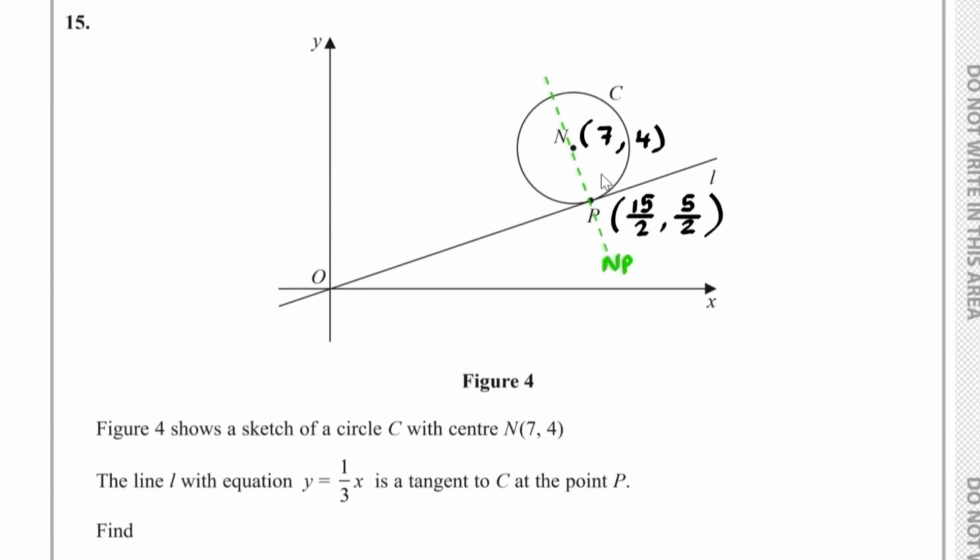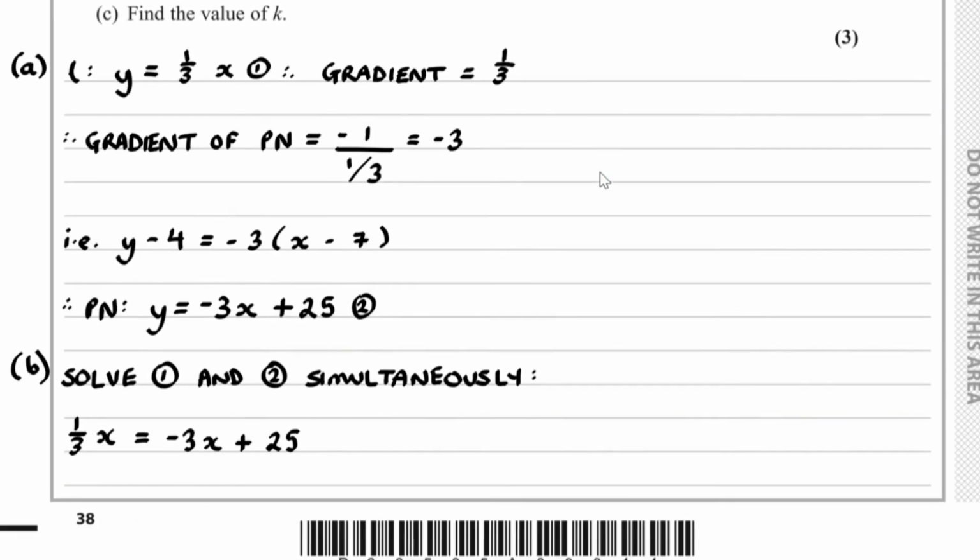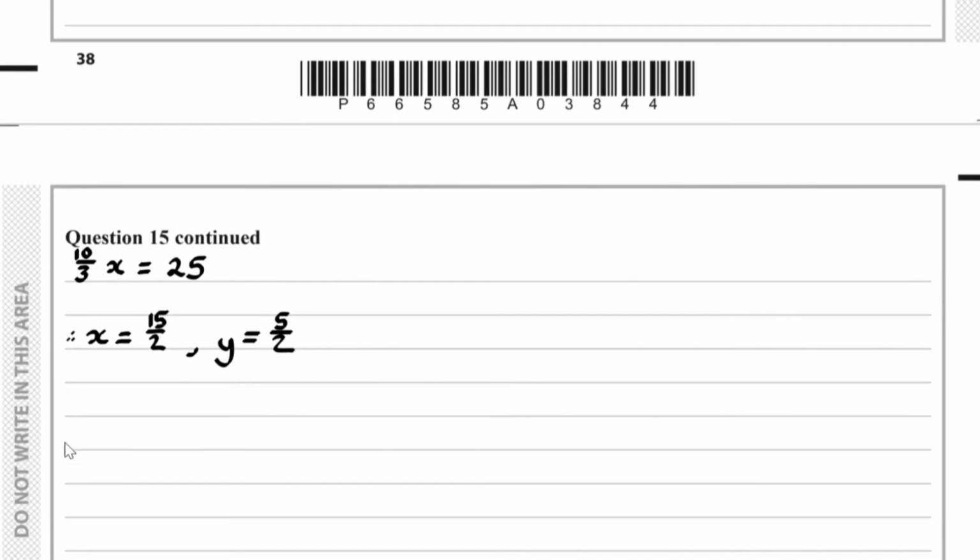So we can find out the length of NP, which is of course just the radius. So this is the radius. So therefore, r is equal to, if we use the length formula, we've got 15/2 minus 7 squared plus 4 minus 5/2 squared, square rooted.